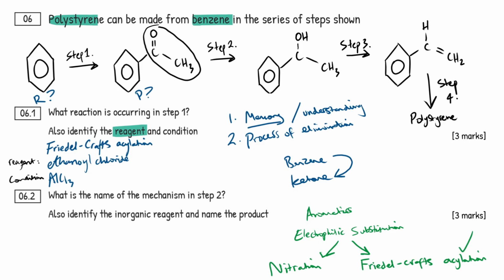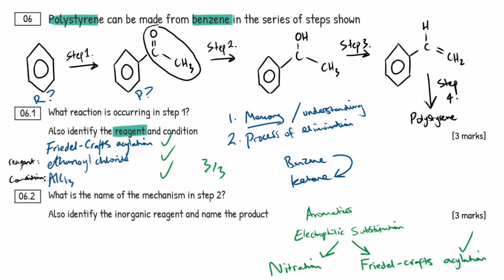That would be my reagent. Condition is heat under reflux. They don't mention it whatsoever in the mark scheme, which I find kind of strange, but there we go. Maybe in this new format, they want to see the condition as the catalyst, which makes no sense to me, and I keep repeating myself. So I'm going to move on before I rage out. So there we are, 3 nice marks in the bag.